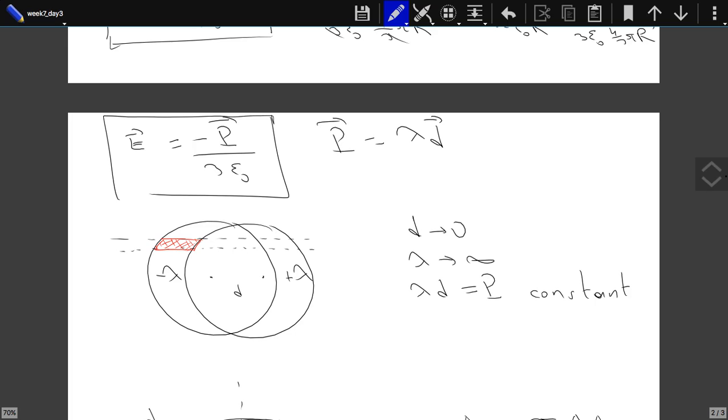If they overlap, there won't be any charge left unless you first set lambda to infinity such that the product is not 0. Or in a sense, you can think that they almost overlap with a very thin skin, which is negatively charged on one side and positively charged on the other side.